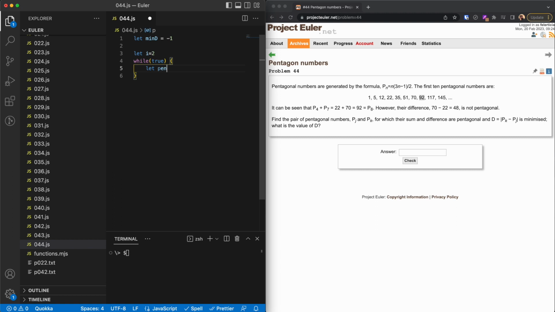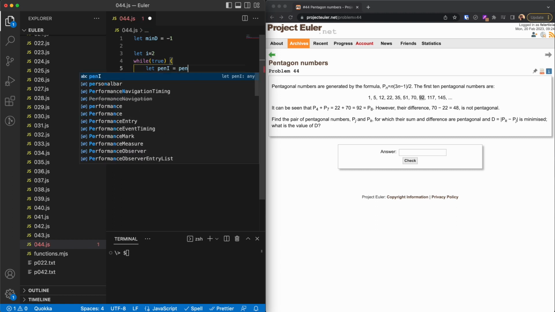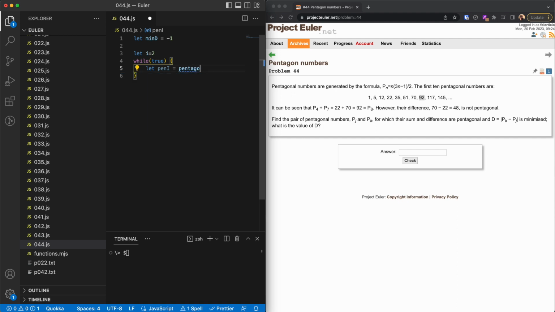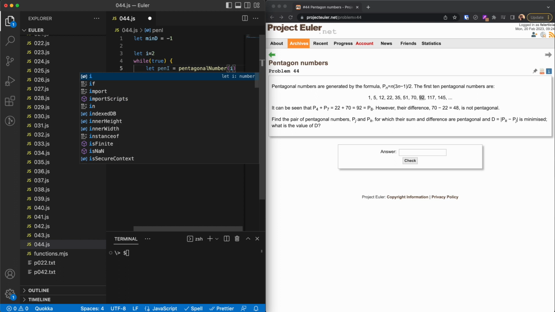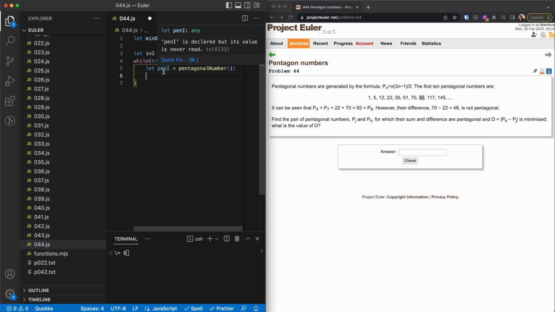We would say that pentagonal number of I is pen of I, and if the next number down is at least as big as what we have found, we would break. We have found something. Otherwise, we will go on.